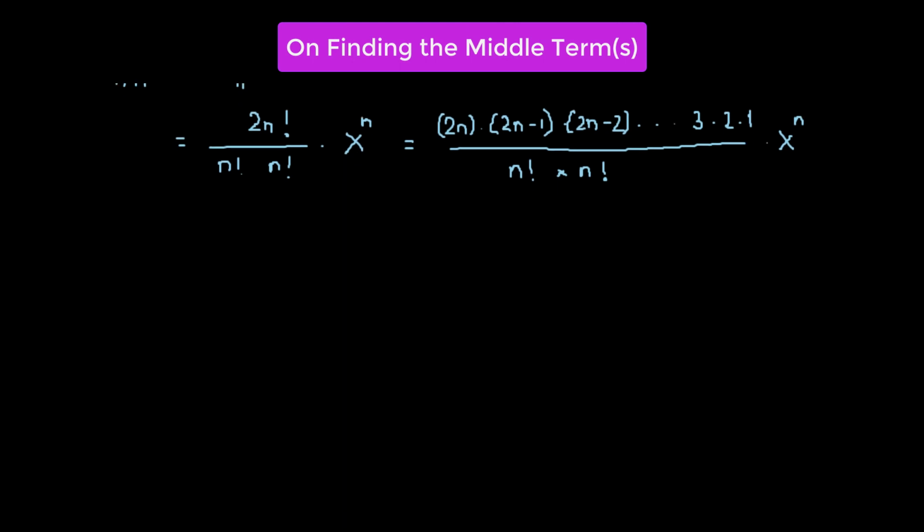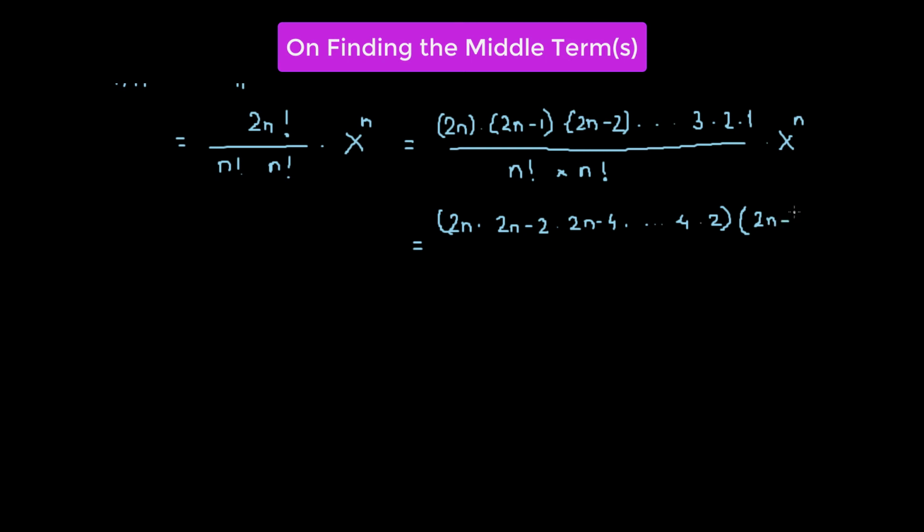And what we're going to do is write all the even terms together and the odd terms separately. So I'm going to write 2n, then 2n minus 2, then the next one will be 2n minus 4, up to 4 and 2. I'm writing the product of all the even terms together, and all the odd terms will be written separately.